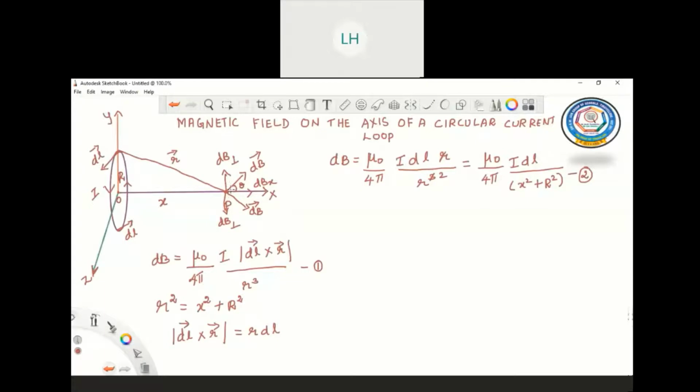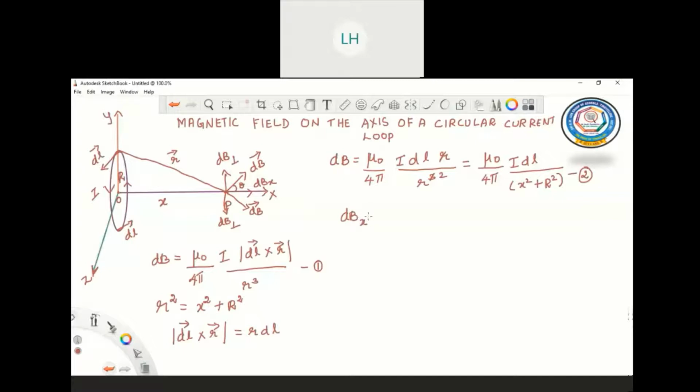Okay. So no contribution due to this perpendicular component. So we are going to add only the horizontal component, that is only the component which is along the x-axis. Okay. So what is the net contribution along x direction? We don't have this perpendicular component. We have only the component along the x-axis.